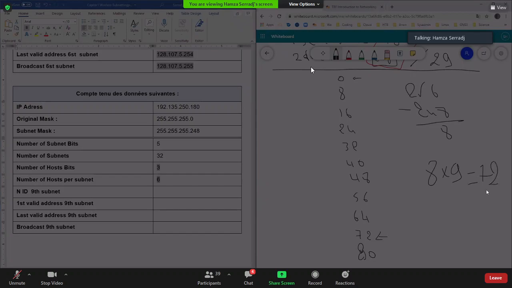So I can find it quickly. This is subnet number 9.